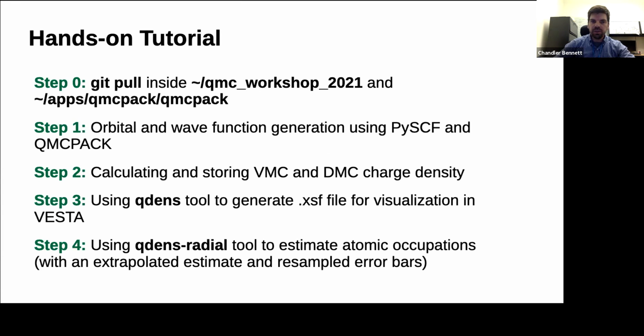To give an overview of what we're going to do next, we're going to first generate the orbitals and the wave function using PySCF and QMCPACK, for water. In step 2, we're going to calculate and store the VMC and DMC charge density.